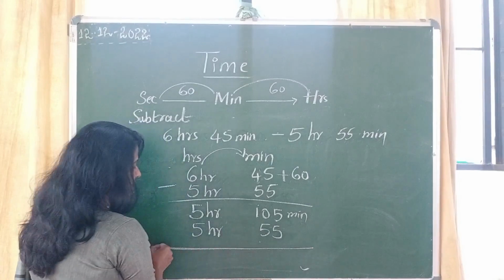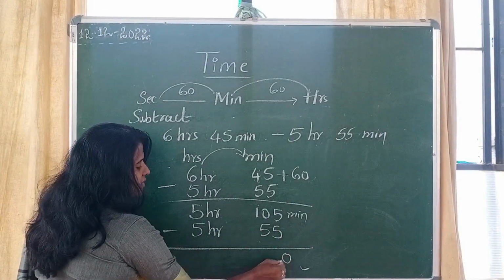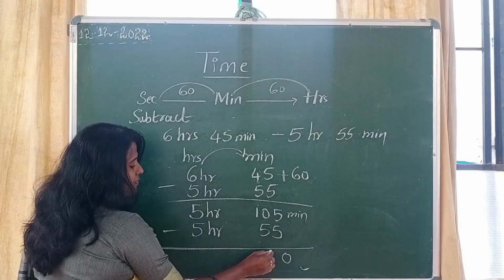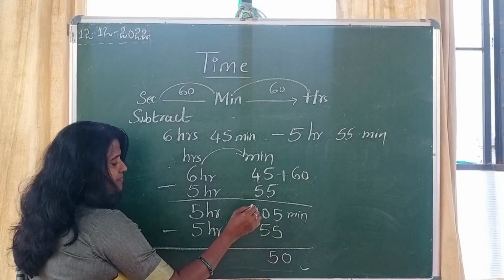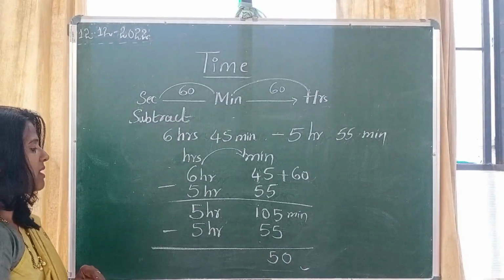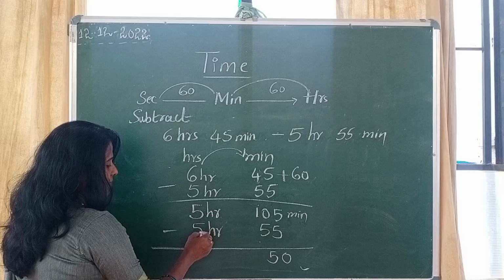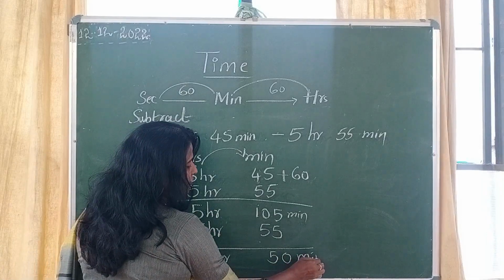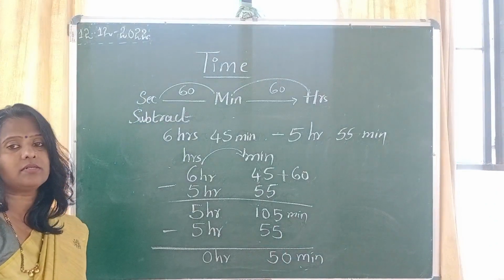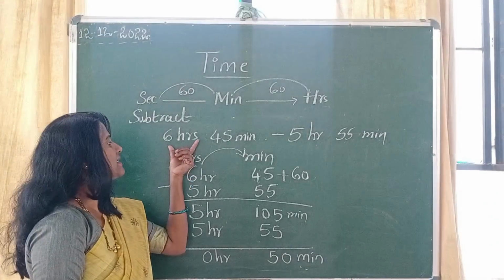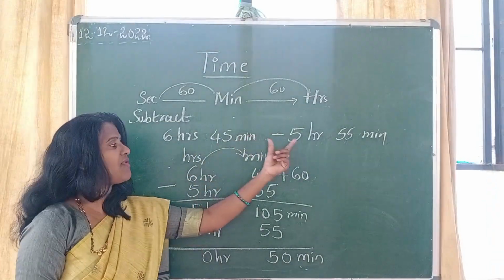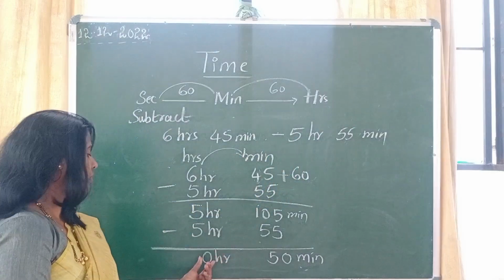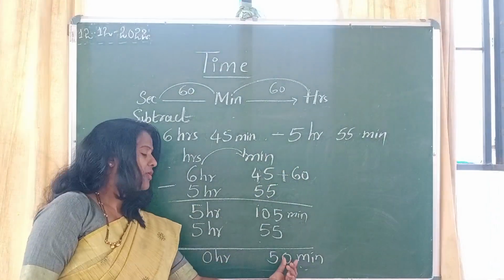So now subtract this. 5 minus 5, 0. 10 minus 5, 5. And 5 hour minus 5 hour is 0 hour. So it is only 50 minutes is the answer. So when you subtract 6 hours 45 minutes and 5 hour 55 minutes, you will get 0 hour 50 minutes.